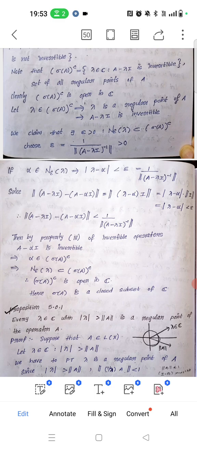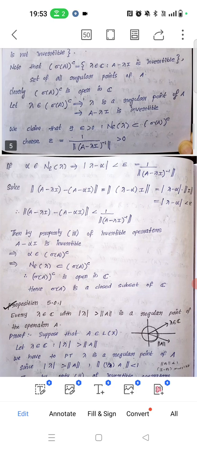But A cancels, so you get norm of (lambda minus alpha) into I, which is equal to modulus of lambda minus alpha, because it is a complex number, into norm of I, because I is an operator. Which is equal to modulus of lambda minus alpha, because the norm of the identity operator is equal to 1, which is less than epsilon by our choice of alpha.